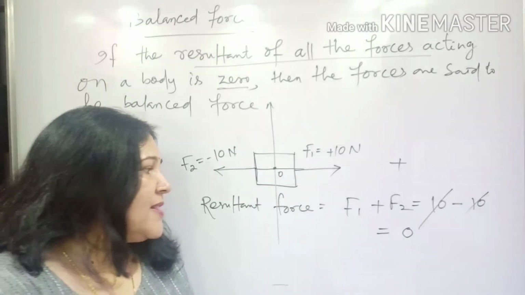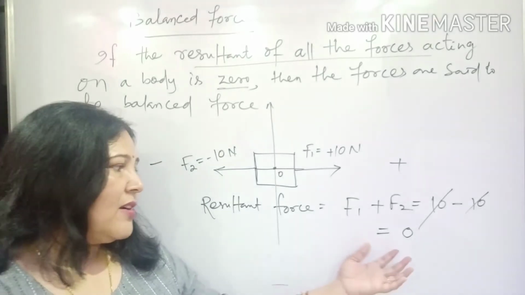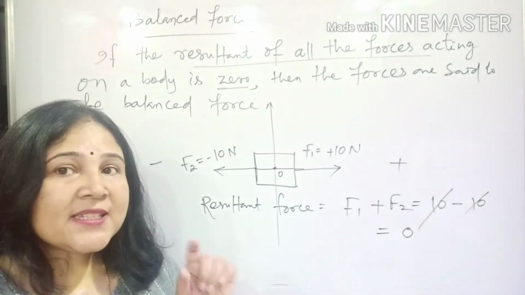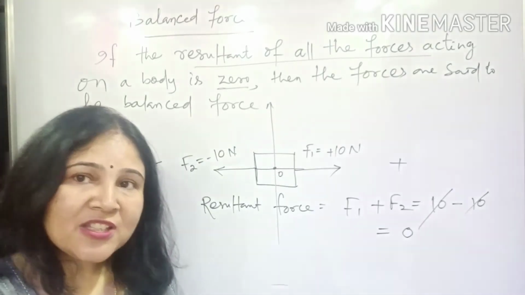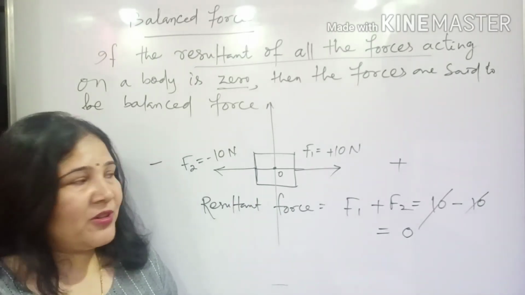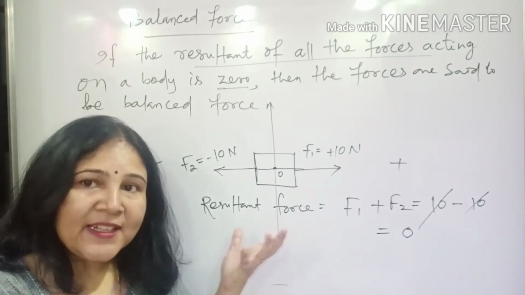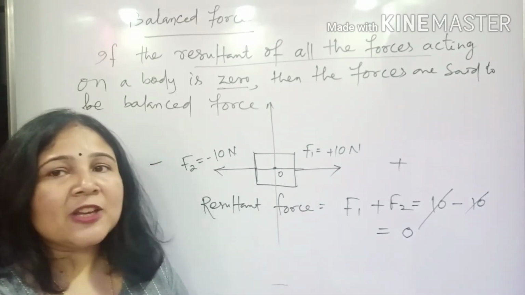So that means you can see, though there are two forces acting on this body, the resultant is coming 0. Is there any change in the state of the body? No, there will be no change in the state of the body. Though two forces are acting simultaneously, the result is 0.